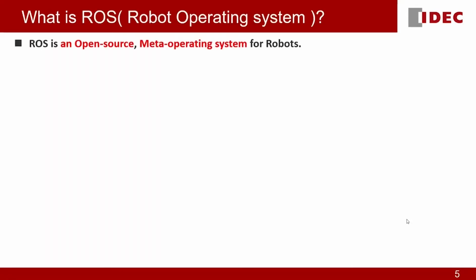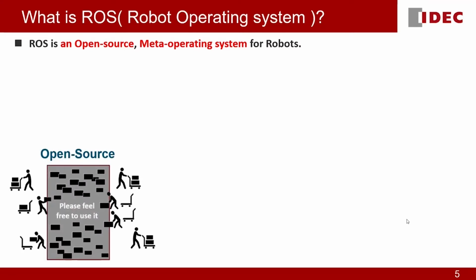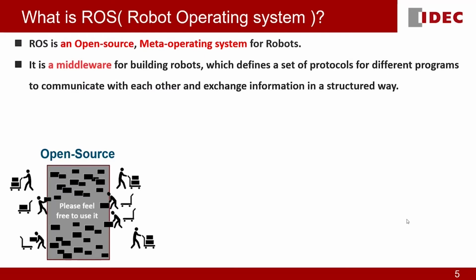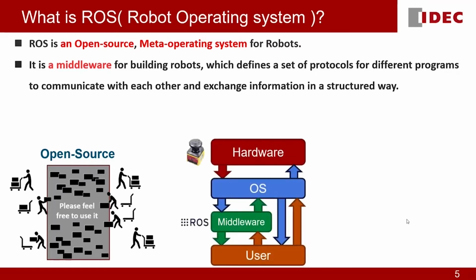Well, Robot Operating System is open source, which can take libraries or APIs with ease, and also ROS acts as a middleware between the user, that means us, and the OS installed in the PC or the machine interface. It actually helps in communication with the actual hardware.